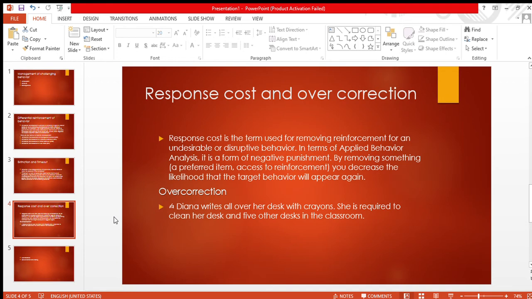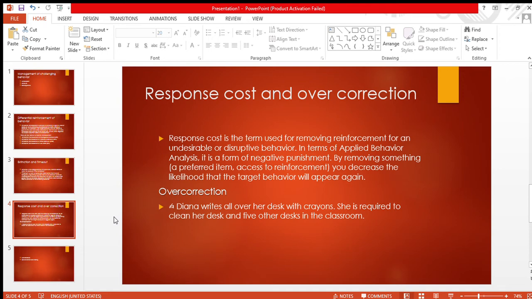And in overcorrection, we correct the behavior so that it does not occur again and again. Unlike other methods, in overcorrection they correct their mistake and also do some other activities, so they feel that if they do something like this, they may have to do more work.